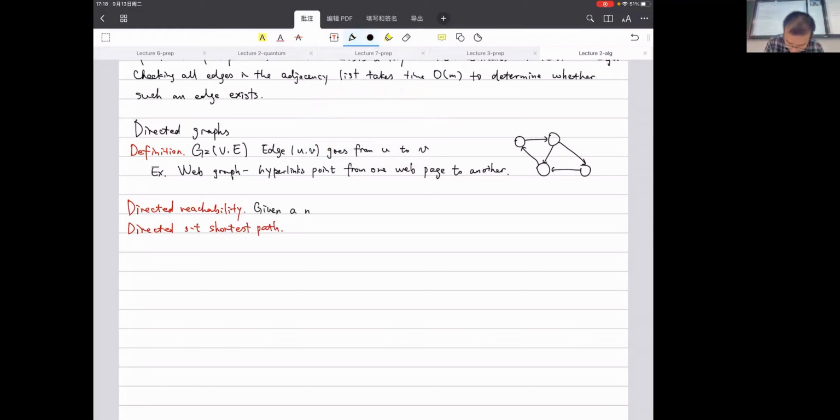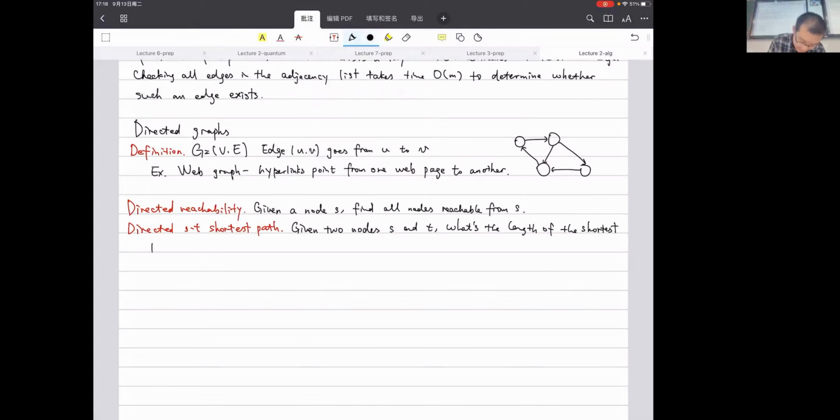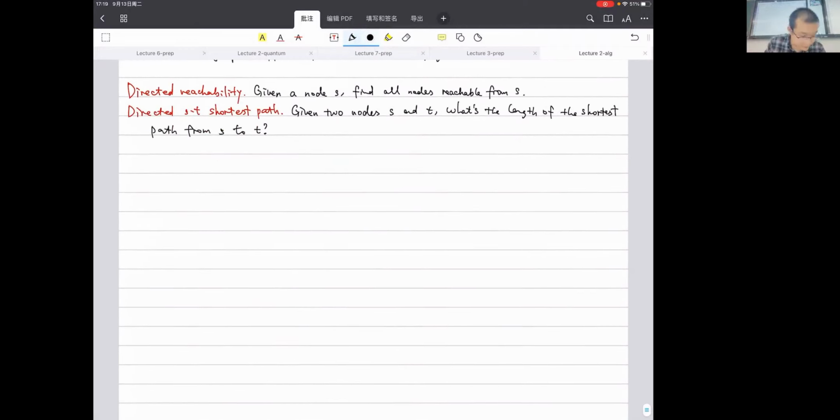For reachability, given a node S, we want to find all nodes reachable from S. And for shortest path, given two nodes S and T, we consider the shortest length from S to T. Here we want to be careful: it's not between S and T, since this would be weak in terms of a directed graph, but we write the length of the shortest path from S to T. So these are relatively straightforward definitions.